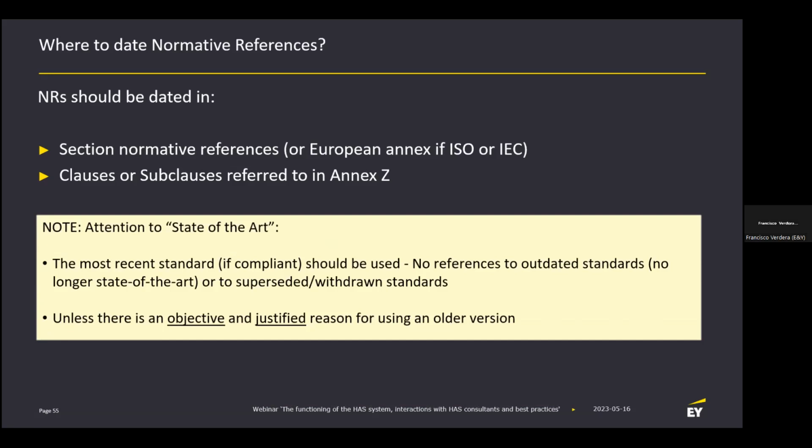There is also a note here, which is the state of the art. Normally, we should refer to the most recent standards. Of course, we should try to avoid references to outdated standards unless there is a good reason for doing that, for example, that the newest version has some issues, had a formal objection, or there were some issues with the newest version. Okay, let's go to the next one.